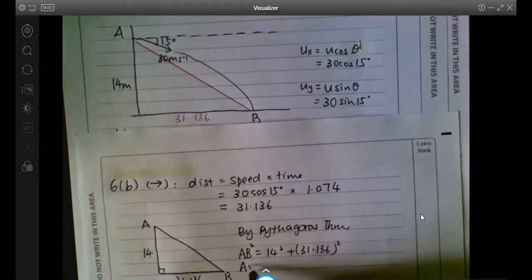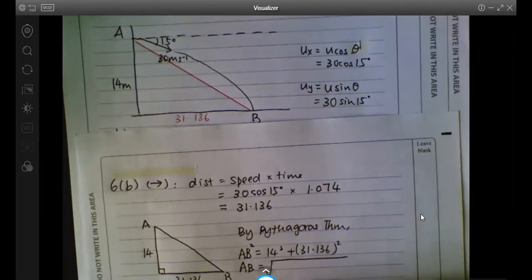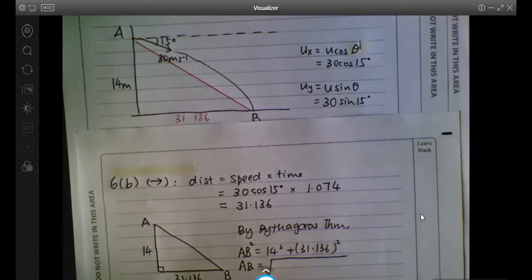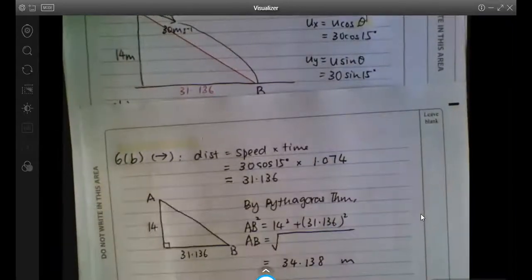You should use the calculator for the more exact answer. Write it down, and you should get something like 34.138 meters. Sorry, I wasn't aware it's not there.